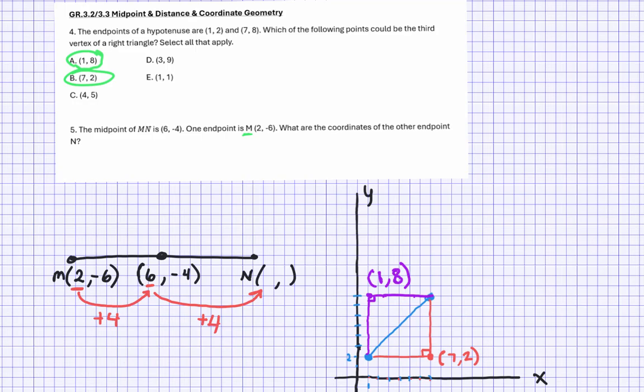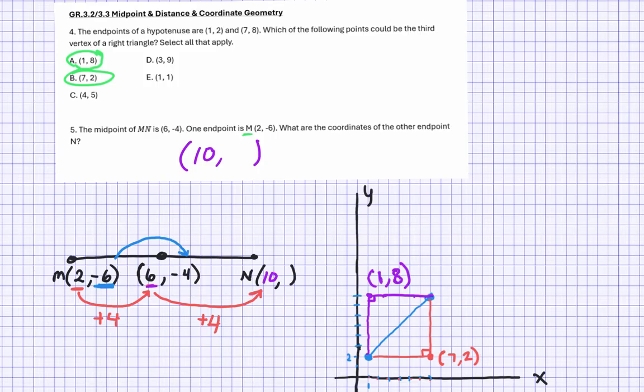And make sure you don't make the same mistake we made in class. Make sure you say, okay, I was at 6, and then I'm adding 4 to that 6, so that's going to take me to 10. So I know my x coordinate is going to be 10. All right, now let's do the y-coordinate. So I was already at -6, and then I moved to -4.